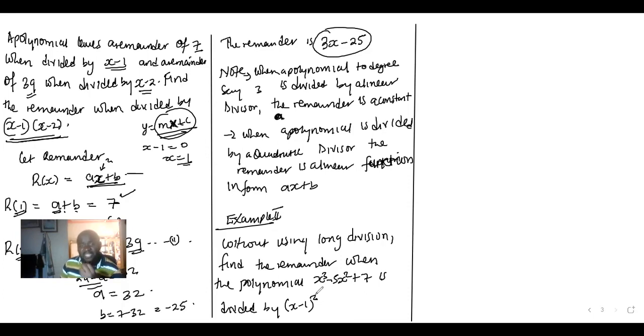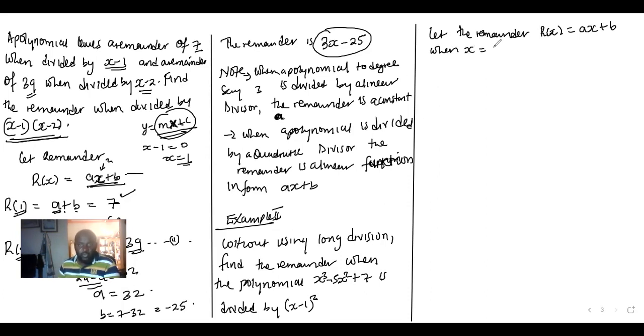The remainder is a linear function. So if the remainder is a linear function, you let the remainder R(x) be in the form ax plus b. That is what we call a linear function.